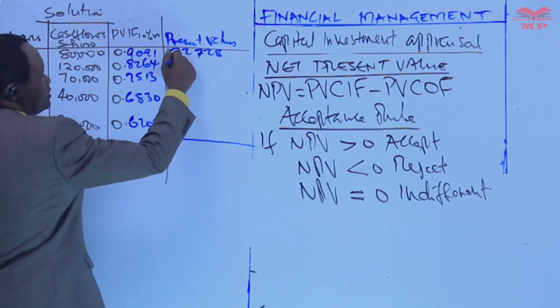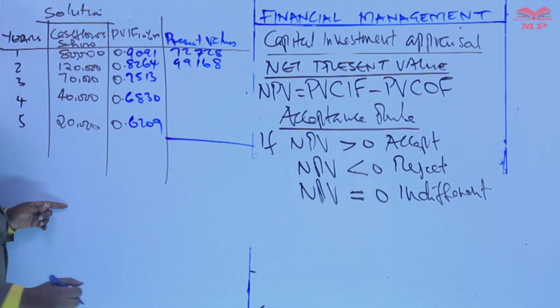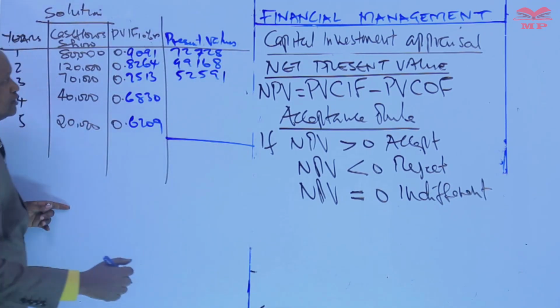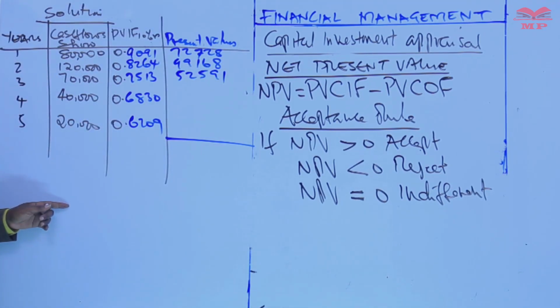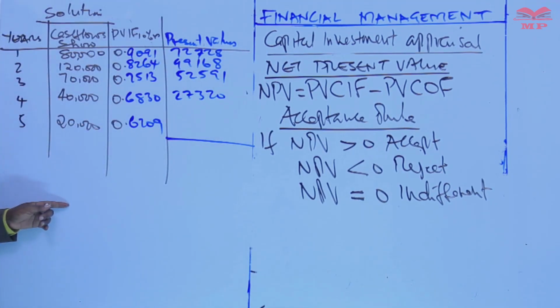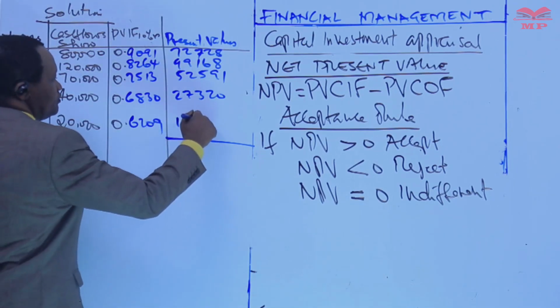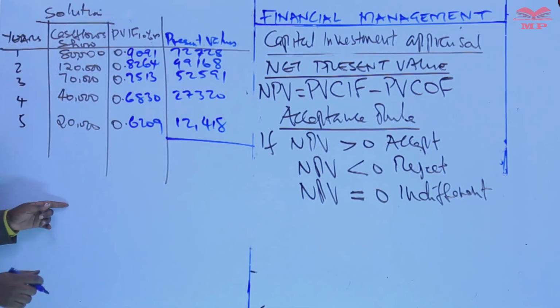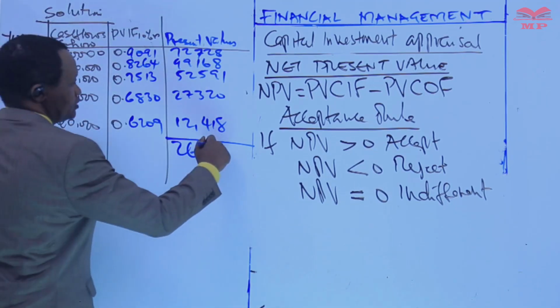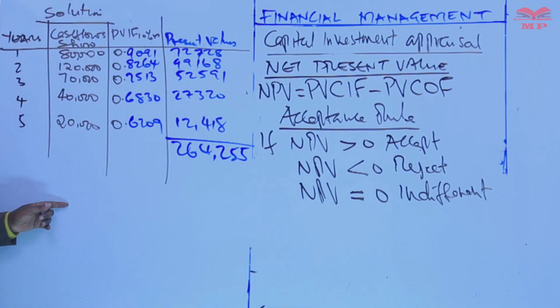Year 2, 99,168, year 3, 52,591, year 4, 27,320, year 5, 12,418. What is the total? Total present value, 264,255. That is the present value of cash inflow.